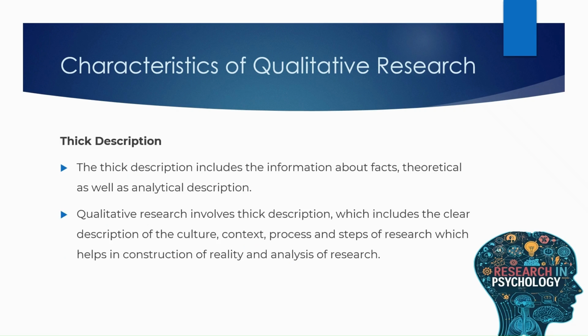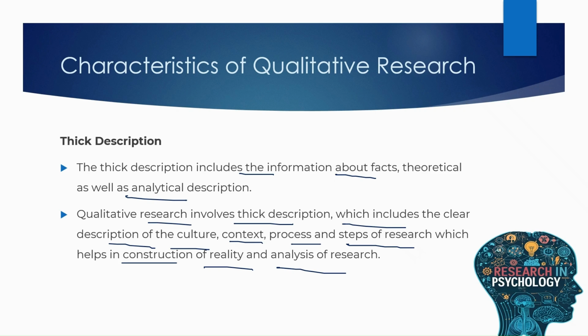The next characteristic of qualitative research is that it provides a thick description. Now, this thick description includes information about facts and both theoretical and analytical description of the event under study. The qualitative research involves thick description, which includes the clear description of the culture, context, process, and steps of research, which helps in the construction of reality and analysis of research.